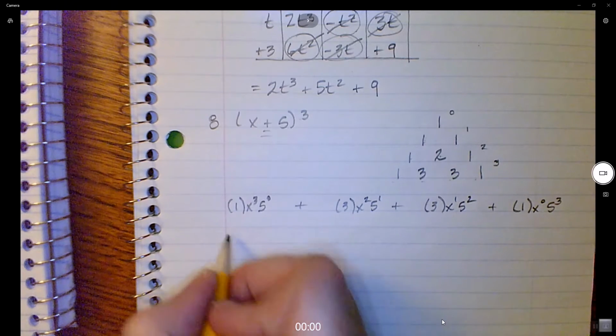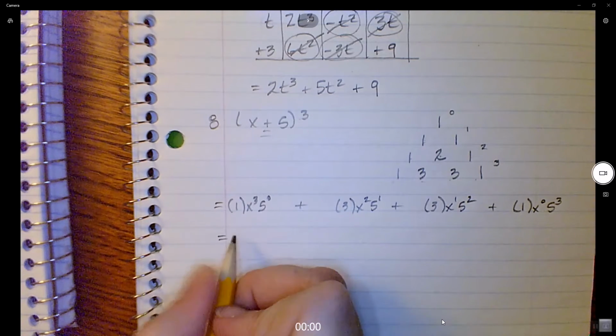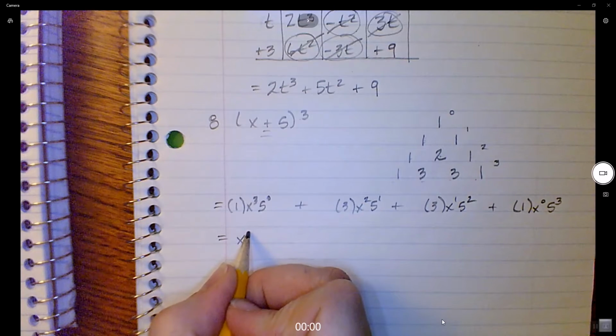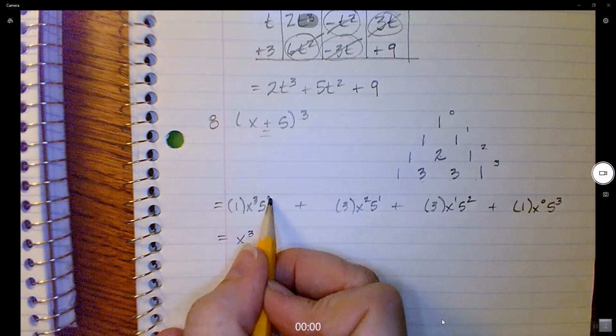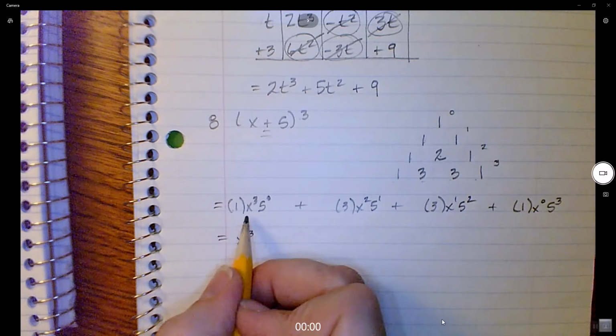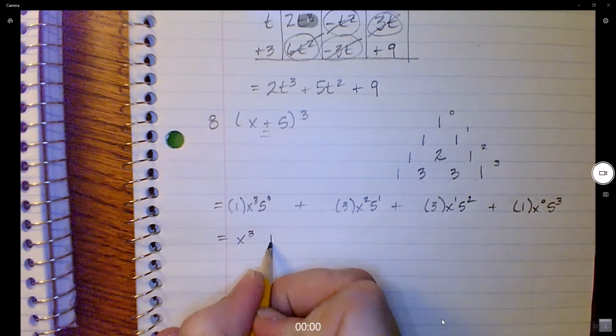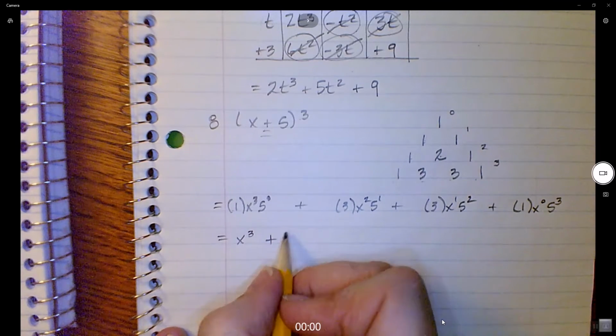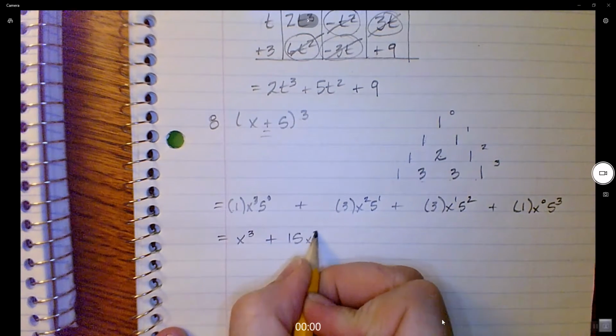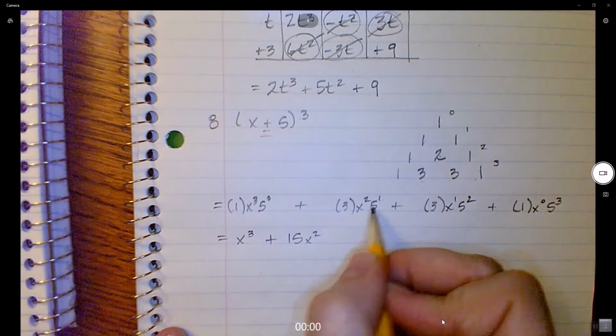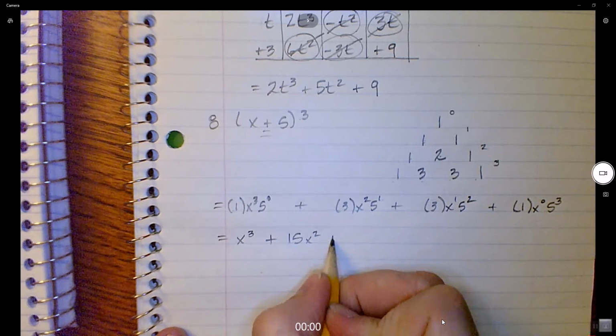And I get that it equals x^3, because 5 to the 0 is 1, so 1 times x^3 is x^3, right? Plus 15x^2, because 5 to the 1 is 5. 5 times 3 is 15x^2.